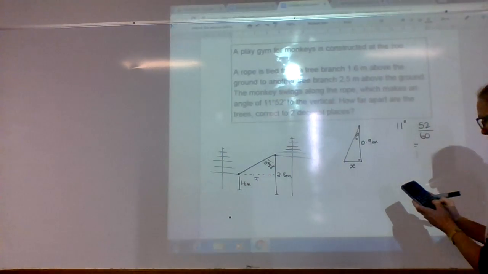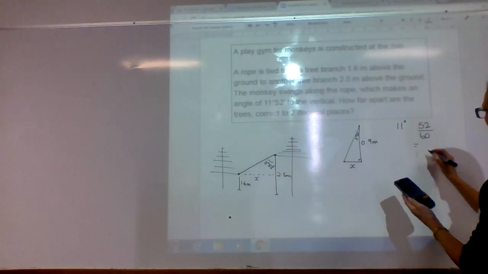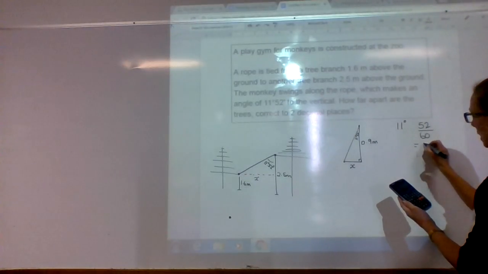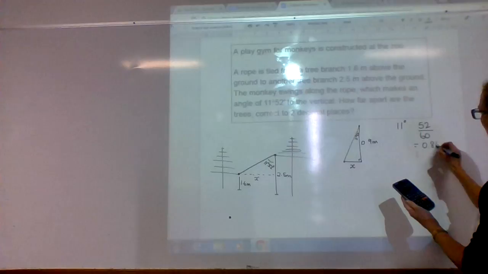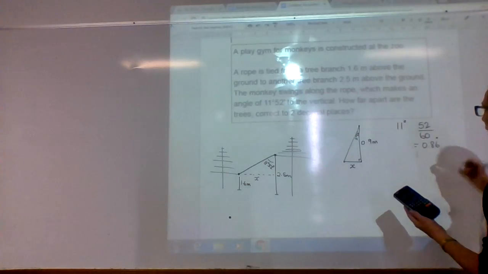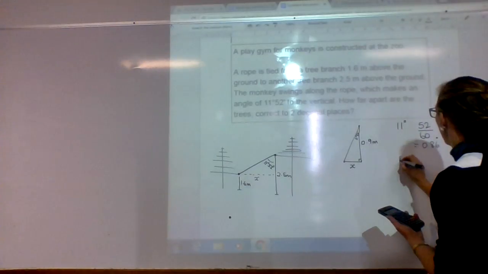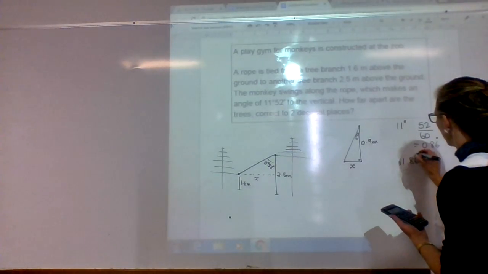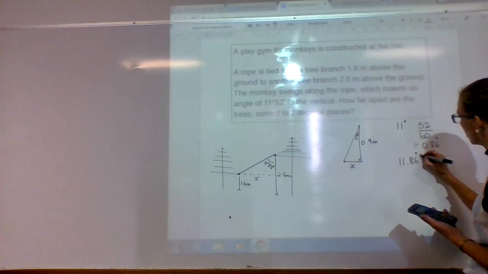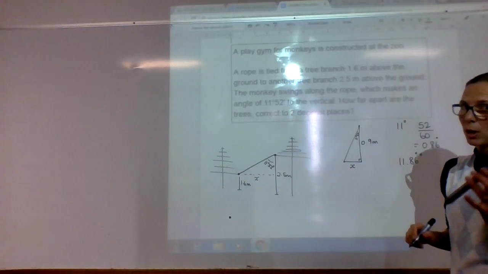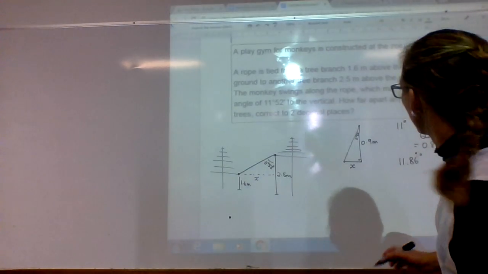So 52 divided by 60 equals something a little bit yucky, 0.86 recurring, which is why they gave it to me in minutes. So I can rewrite this as 11.86 recurring degrees. And that's what I'm going to need to work with when I do my problems.